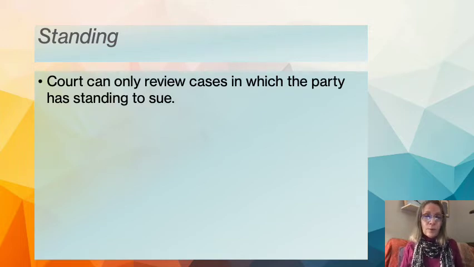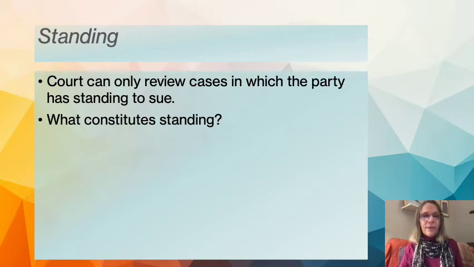The Supreme Court and other courts can only review cases in which the party bringing the case to the court has what's known as standing to sue. And what does that mean? What constitutes having standing to sue?